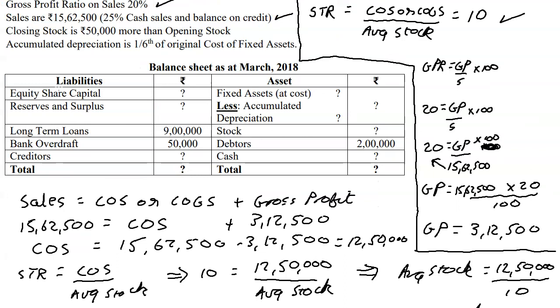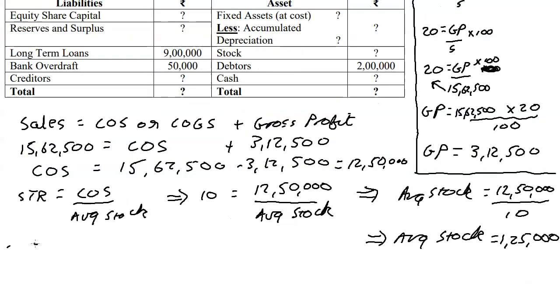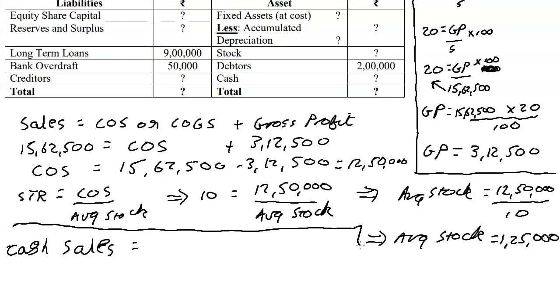They've told us that cash sales is 25% of the total sales. So cash sales is equal to 25% of 15,62,500.